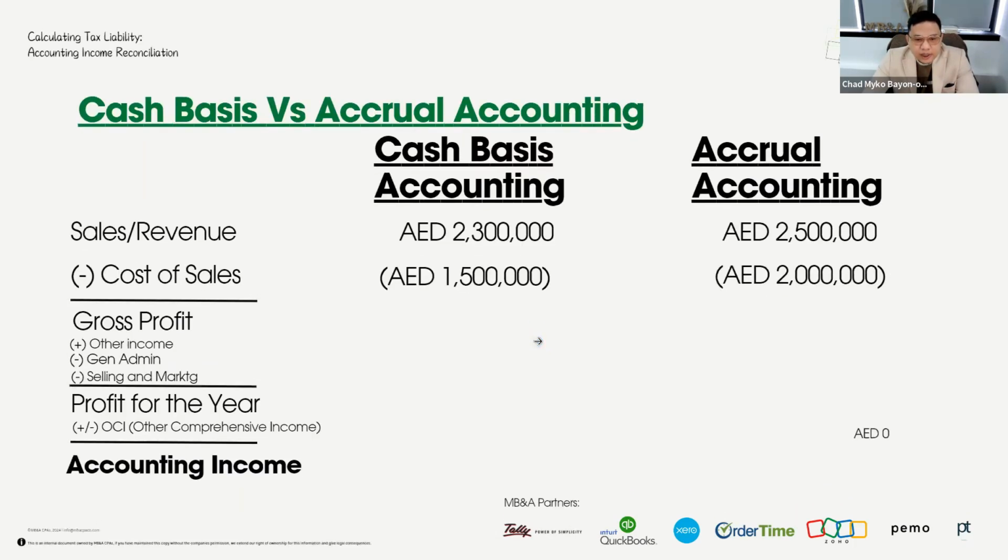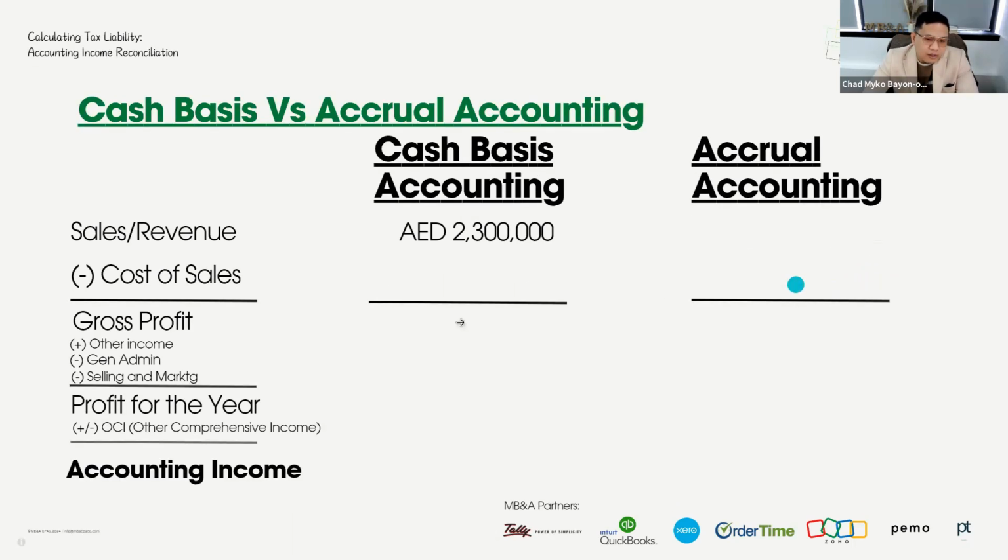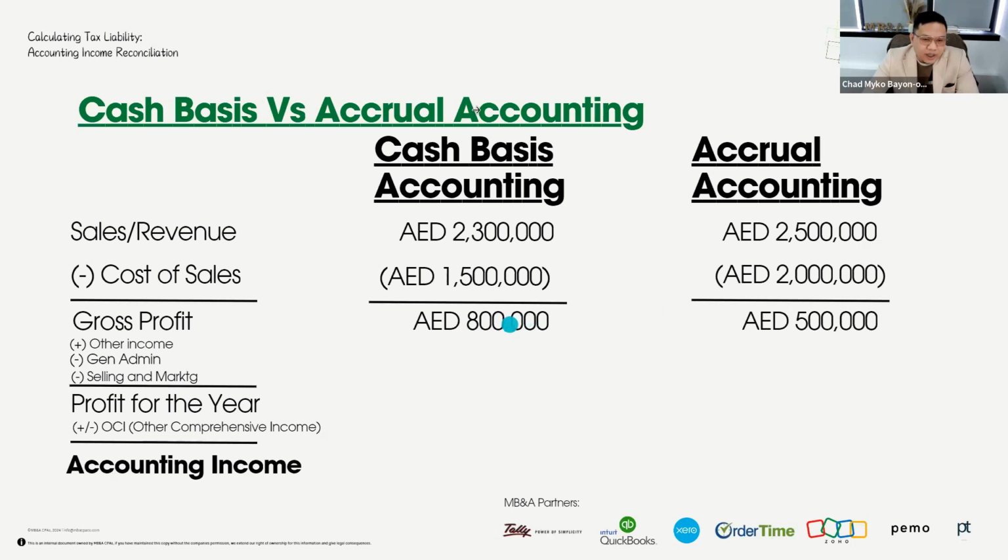As part of our cost of sales, we have 1.5 million as the payment that we have made for the cotton distribution, but the cotton that we have received and delivered were actually 2 million. And then the gross profit is 800,000 for cash basis accounting, and then for accrual accounting, 500,000.